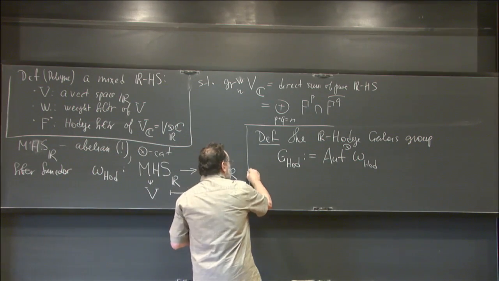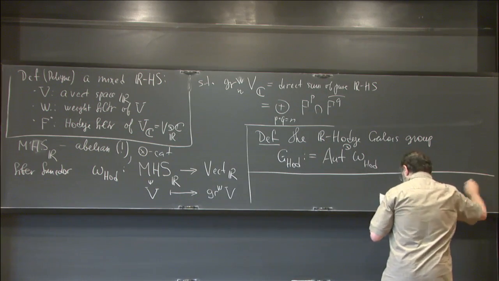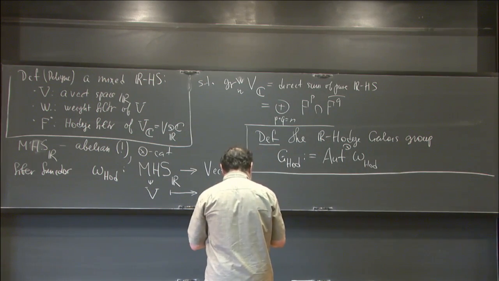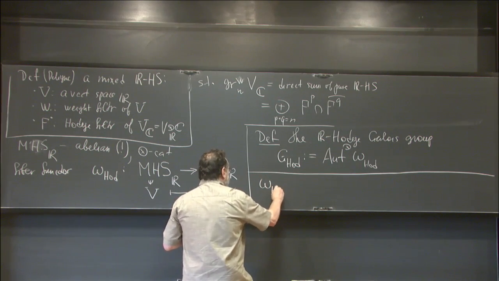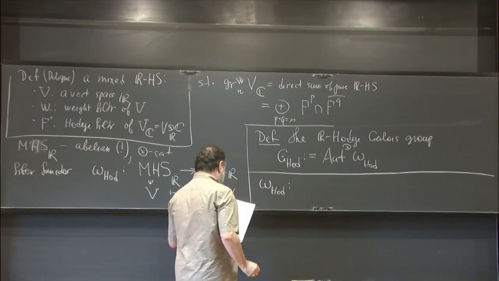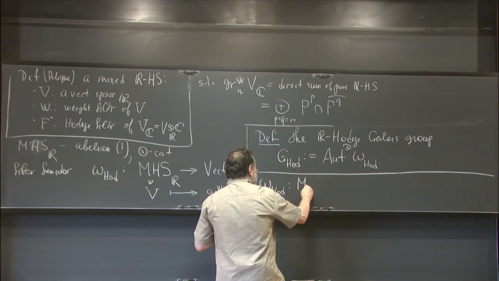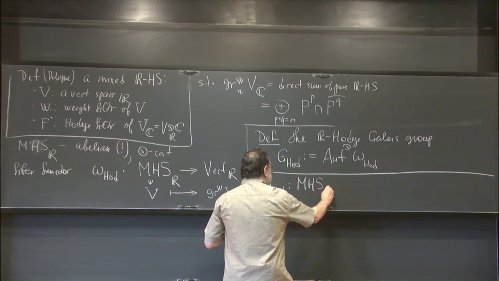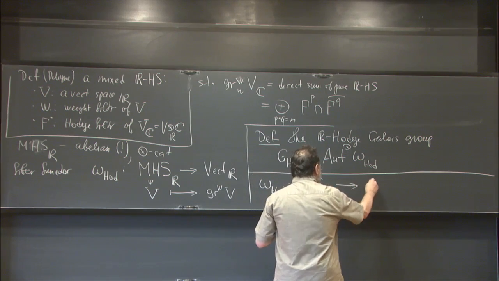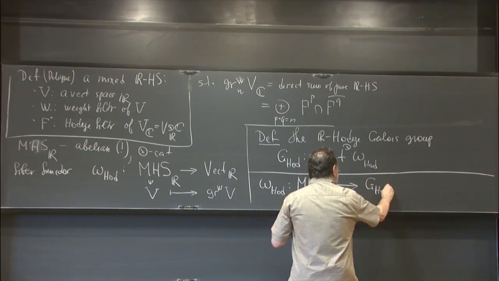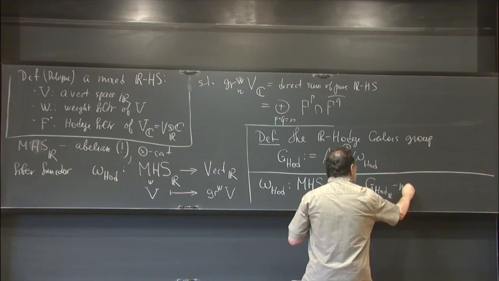Now why is it important? It's because of the Tannakian formalism. We know that this functor, omega Hodge, is a functor, as I said, from the category of real mixed Hodge structures to the category of G Hodge modules.